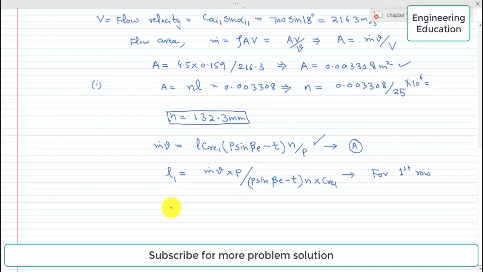Now putting the values, L1 will be equal to the value of m dot, which is 4.5 kilogram per second.